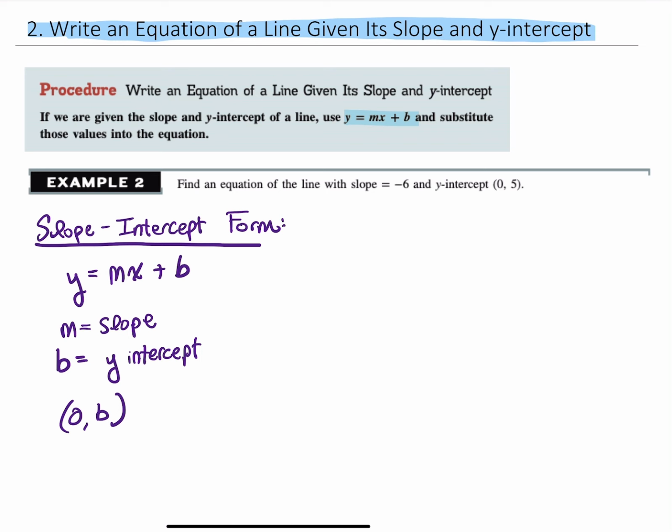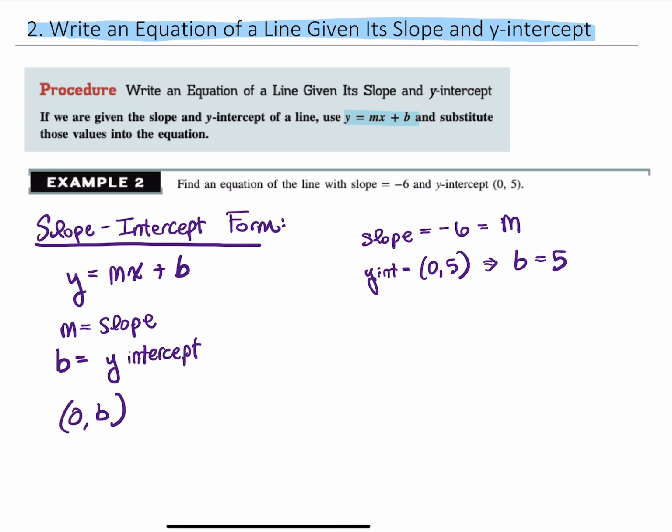So here they say we have a slope of -6, so that will be our m term, I mean. And the y-intercept is the point (0, 5), so that 5 is the b term. So we know m equals -6 and b equals 5.